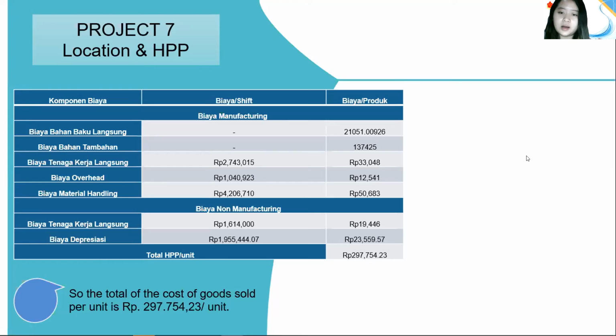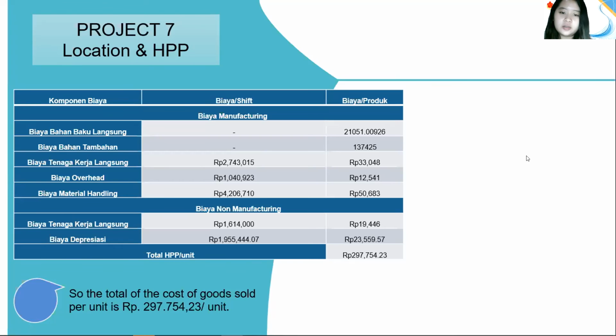Overhead is calculated from taxes, weather cost, and so on, and the result is a cost per product of 12,541 rupiah. Material handling cost per product is 50,683, and that was the manufacturing cost.